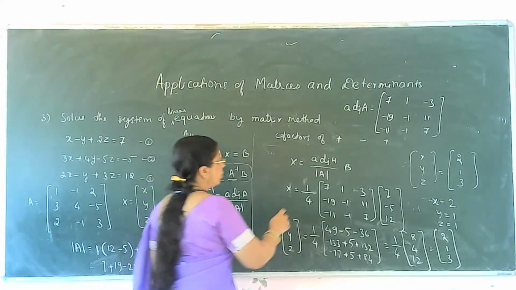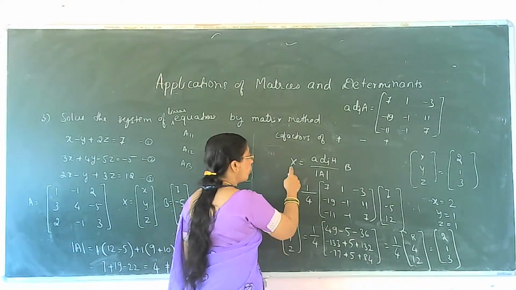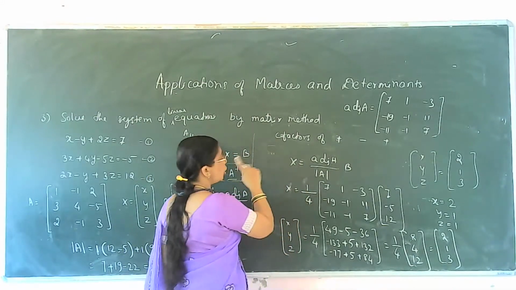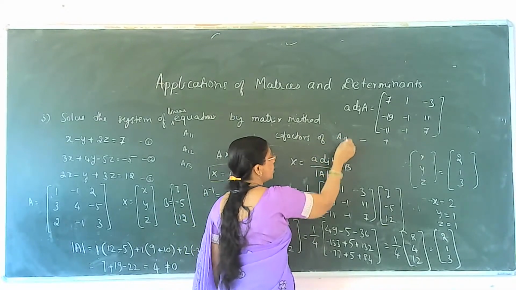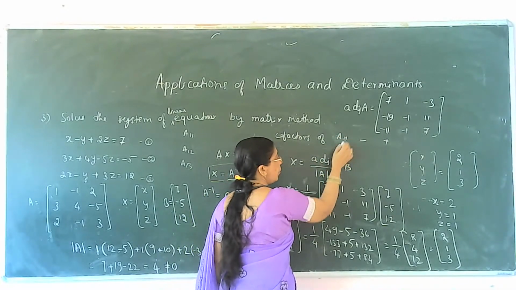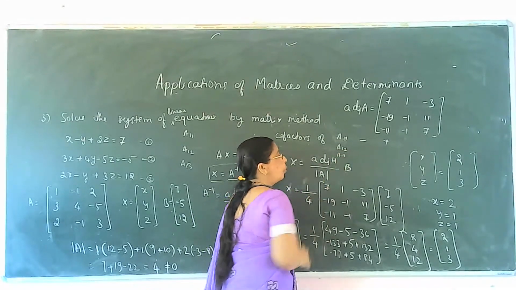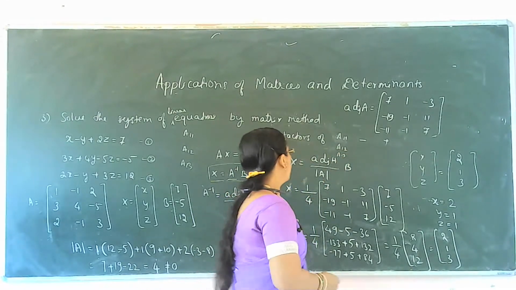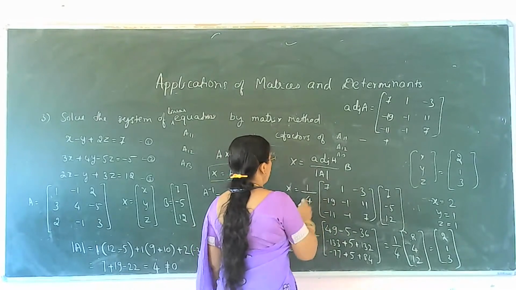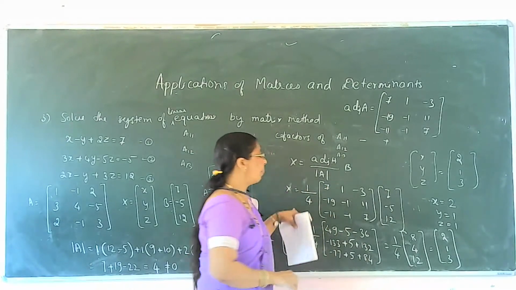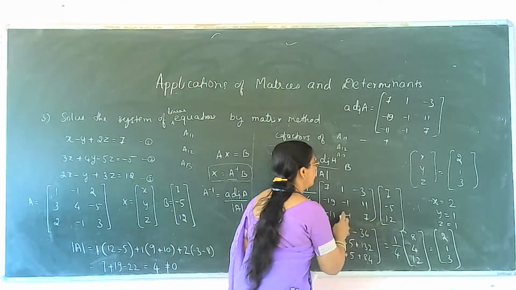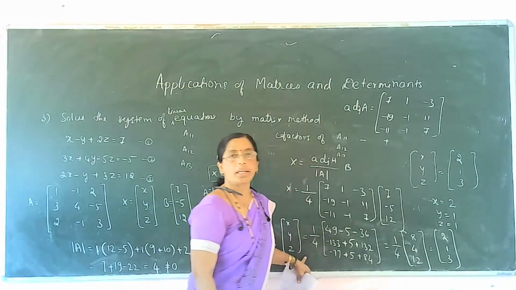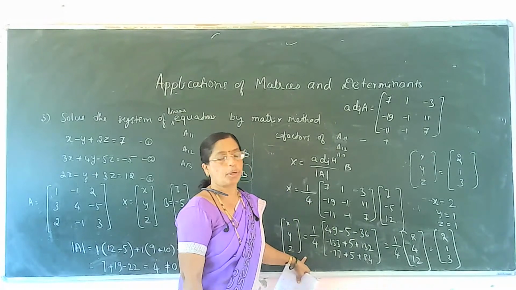The cofactor matrix. Therefore, X is equal to adjoint of A. We have to find the cofactors. You write it as A11, A12, A13. Then you write this equation and find these values. You have to multiply these two matrices, also very important.